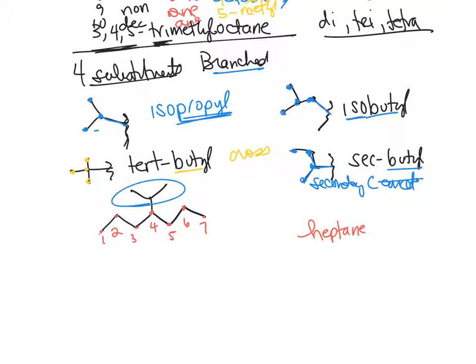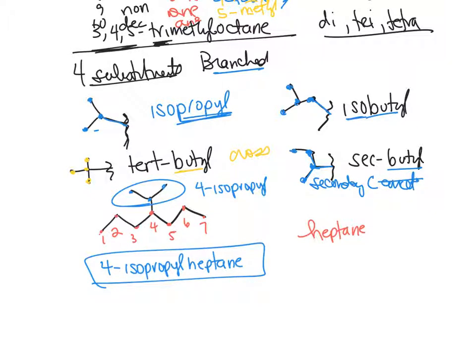And there we've circled our substituent. This is 4-isopropyl. And if you have a lot of these substituents, you put them in alphabetical order. That's who gets to be added first when you combine the name. So this is 4-isopropyl heptane.